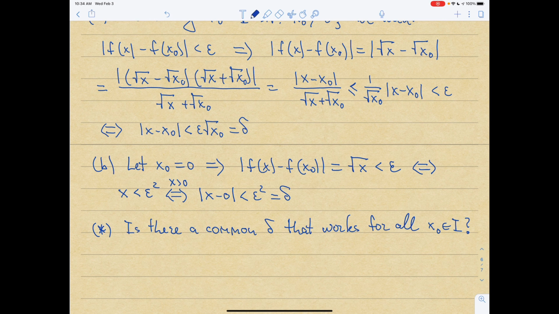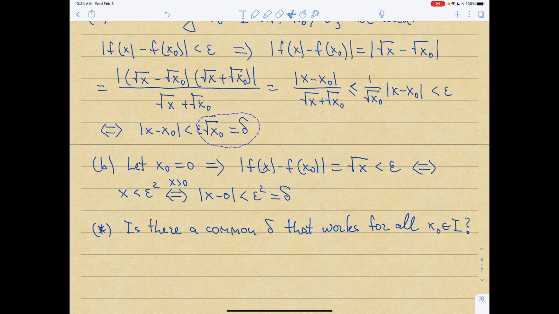And just by looking at what we got here, it doesn't appear that there is a smallest possible delta. Why? Because if x0 is not equal to 0, then my delta is equal to epsilon radical of x0, right? So the smallest out of those is going to be simply 0, right?